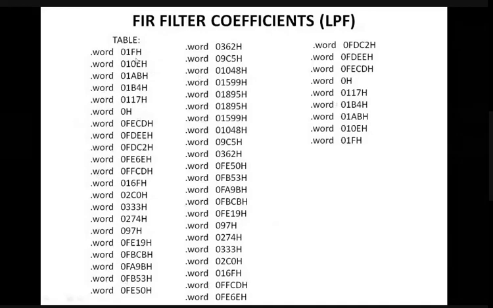So these are all the filter coefficients, something like H of 0, H of 1, H of 2, H of 3, H of 4, H of 5, H of 6, etc. And an FIR filter is a symmetric filter where, if there are 50 coefficients, 25 coefficients are similar to the other 25 coefficients. That is why, if you see, the first coefficient is 01F, and the last coefficient is 01F. And the second coefficient is 010E, and the one next to the last is also 010E.